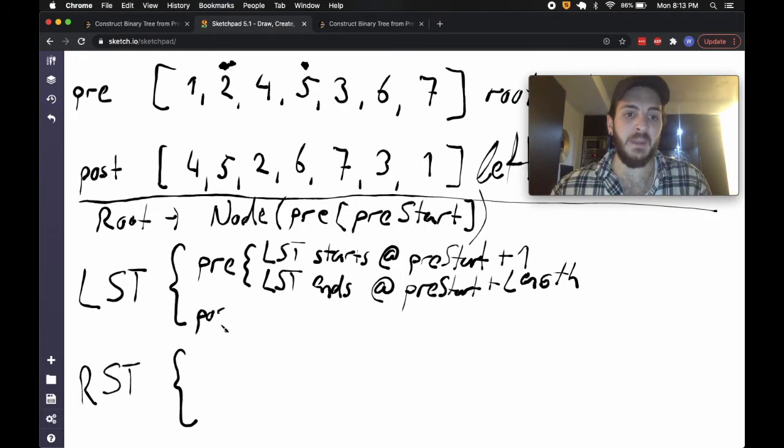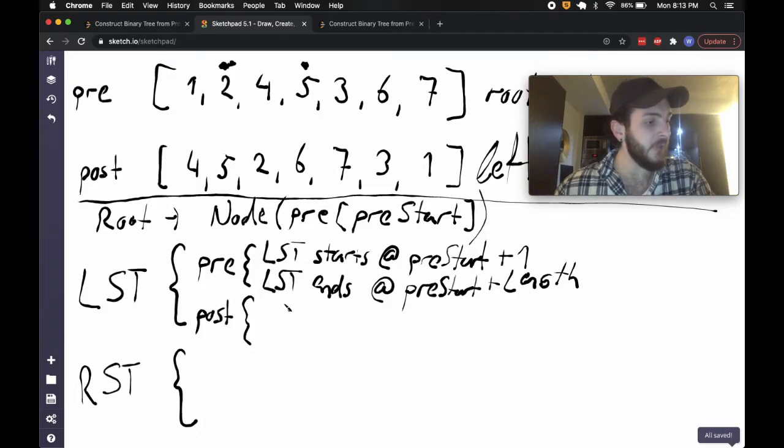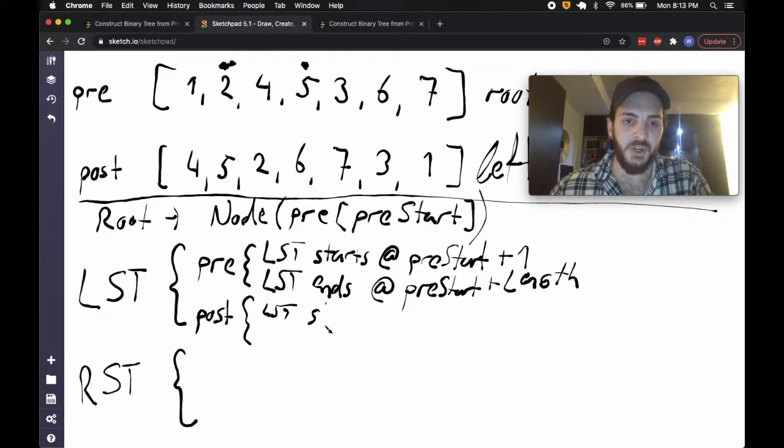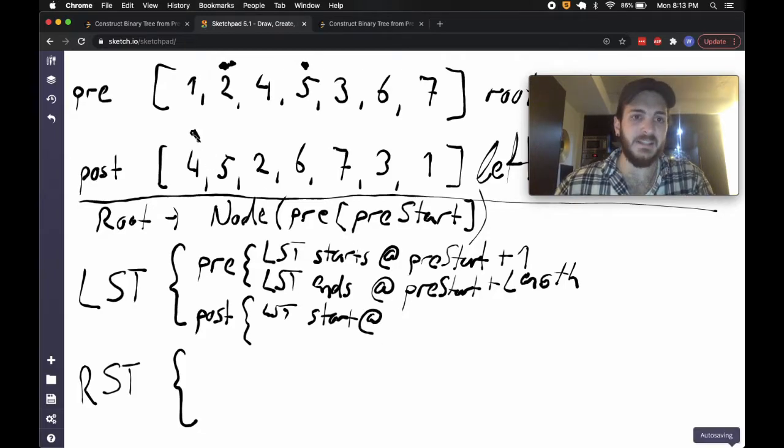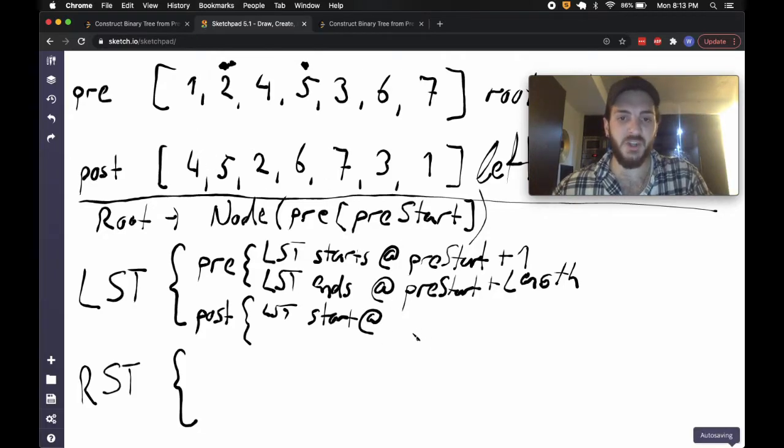Now, I'm going to have to acknowledge what my left subtree is with respect to my post order call as well. And for that one, we're going to say that the LST is going to start at this original variable, so this post start that we had. There's nothing fancy there. Post start.